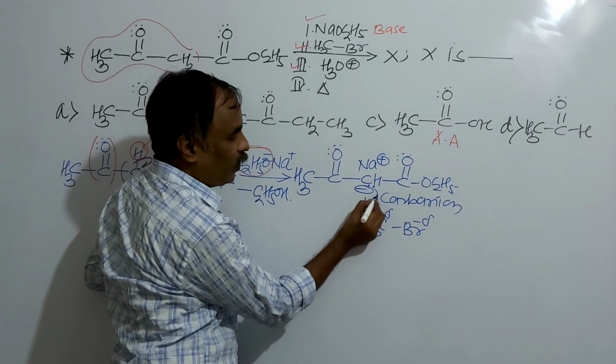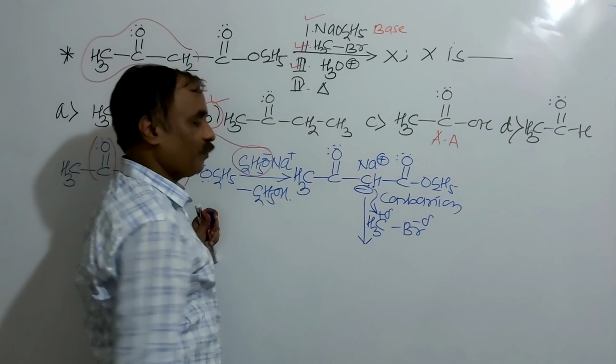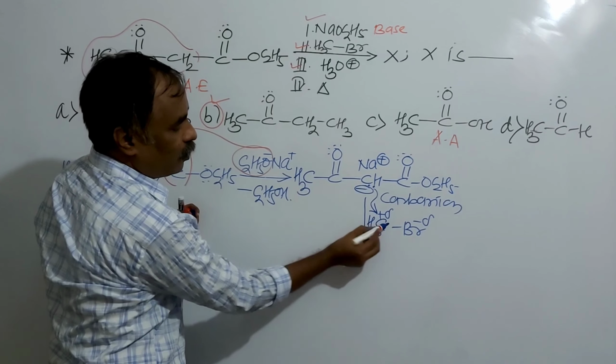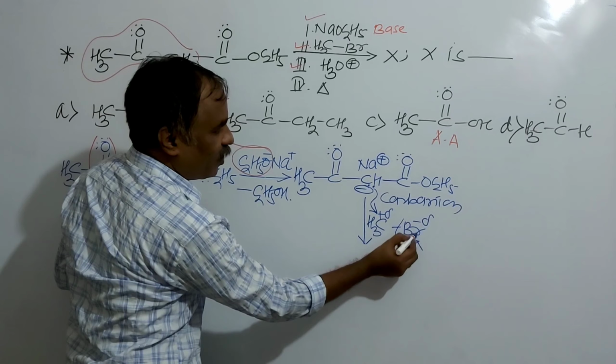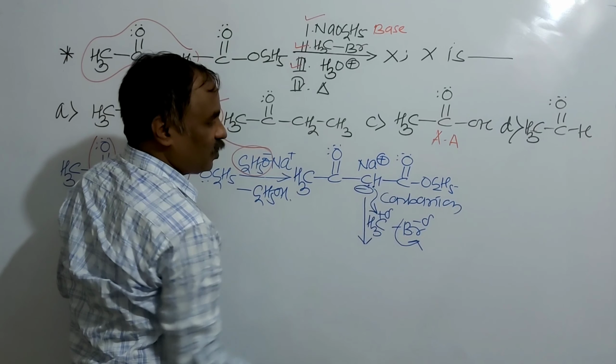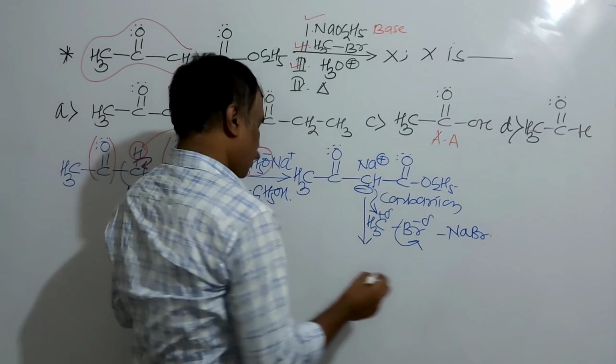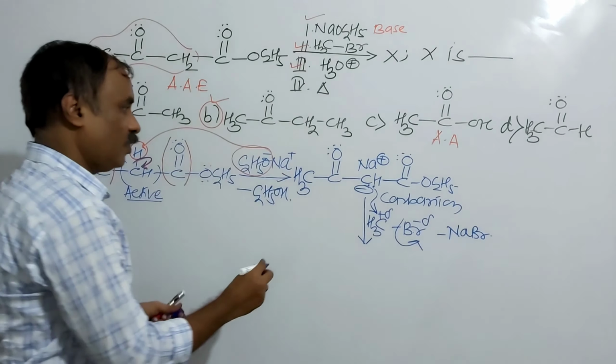So this carbon will donate a pair of electrons to this carbon, forming a new carbon-carbon single bond, breaking this bond and removing Br minus. So this Br minus will take Na plus and NaBr will come out.